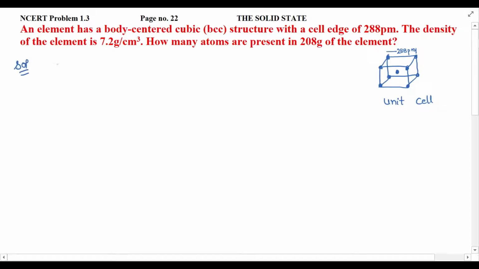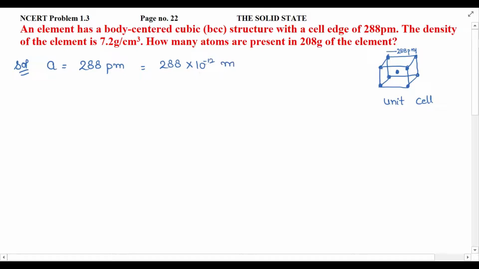So the first step will be volume of the unit cell. The edge length, that means a equal to 288 picometer. So what I'll do, I'll simply convert this value first into meter, right? So I know that 1 picometer equal to 10 raised to power minus 12 meter. So 288 into 10 raised to power minus 12 meter, right?